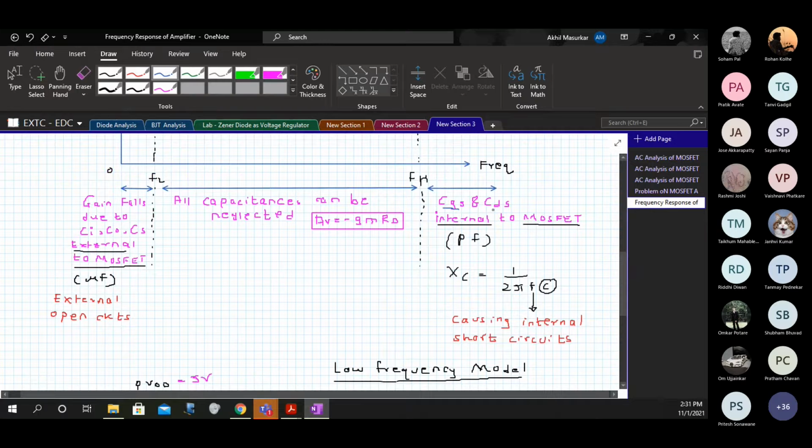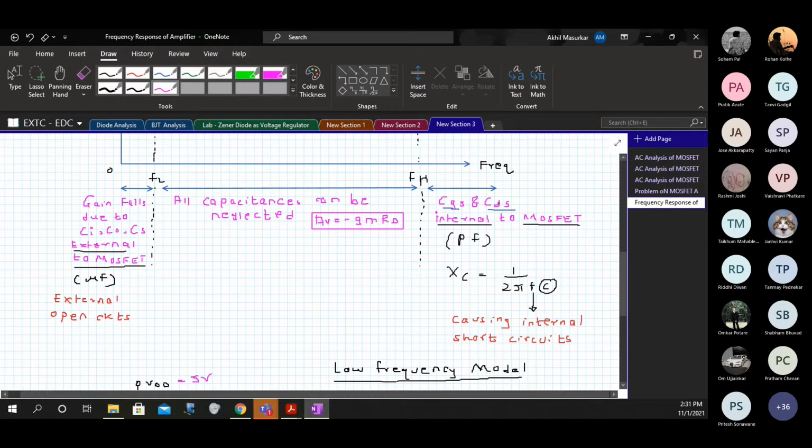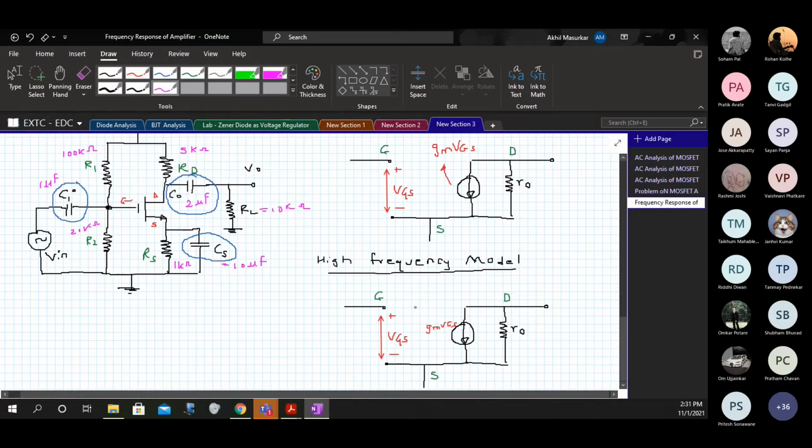Gate to source and gate to drain, CGD and CGS. Like this, CGD and CGS. So CGD is between gate and drain, and CGS is between gate and source.